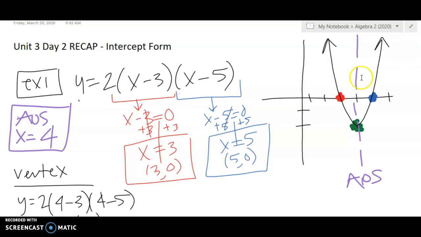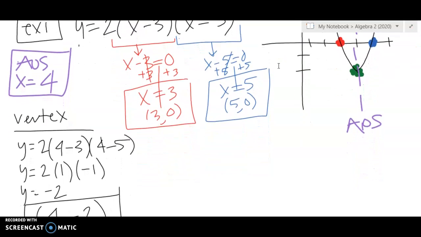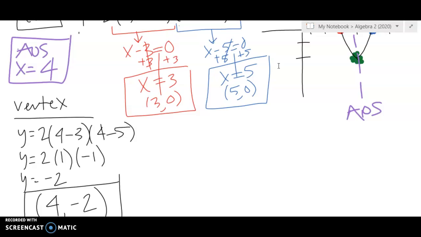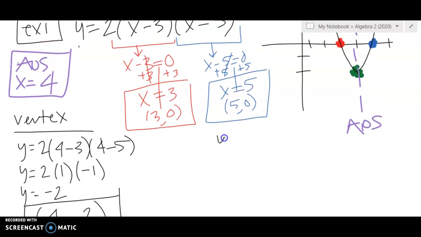The only other piece, and I'll do it while we're on this example, is the y-intercept. If you want to find the y-intercept, let's put it down here. You're going to need to take the original problem, so y equals 2, and everywhere you see x, this time you put 0 there. So you put 0 for x.